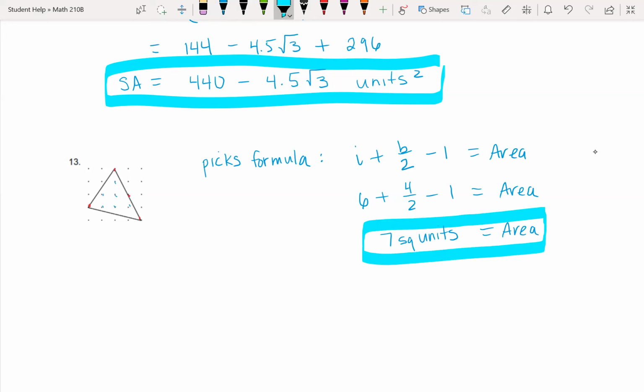Another way that we can think about solving this problem is to take the area of the entire grid. The area of this whole grid is 4 by 4. So it's 16. And then I've got 3 triangles that I can think about removing. I've got a triangle here.